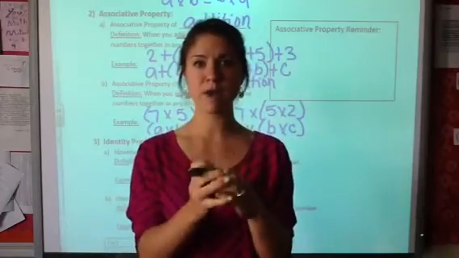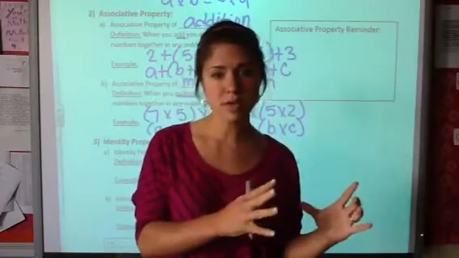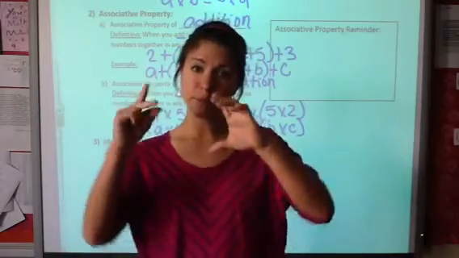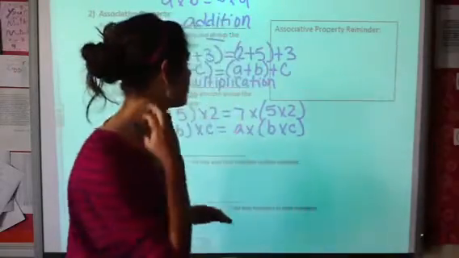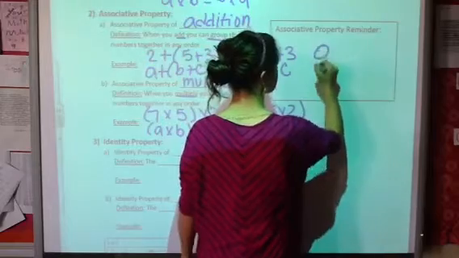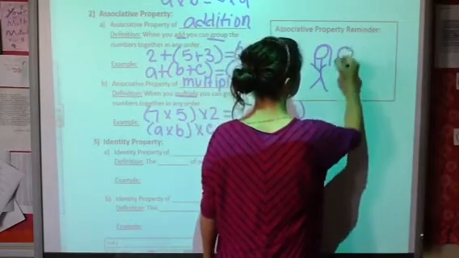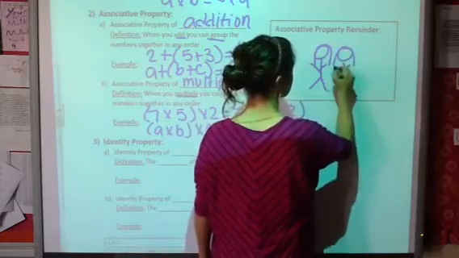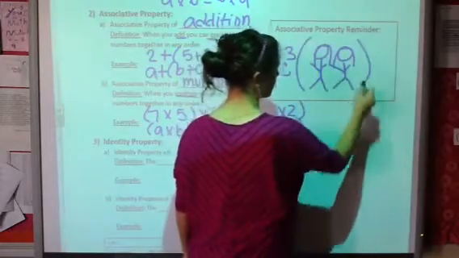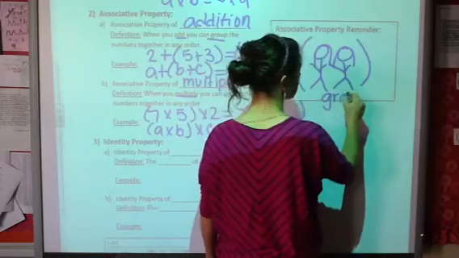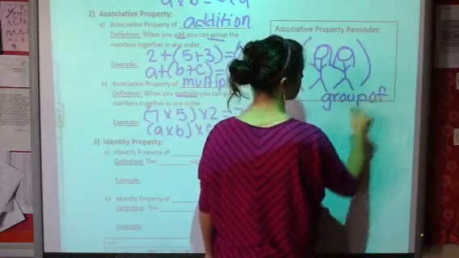That's your group of friends. So when you think of the associative property, think of that's when you have your parentheses or your groupings. So you can just draw a picture of you and your friend and put parentheses and say group of friends.